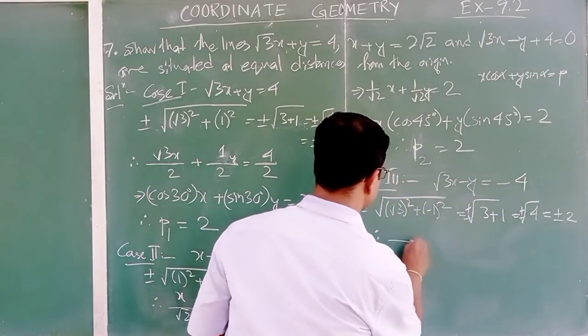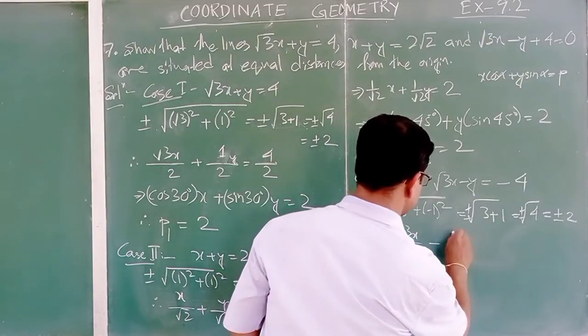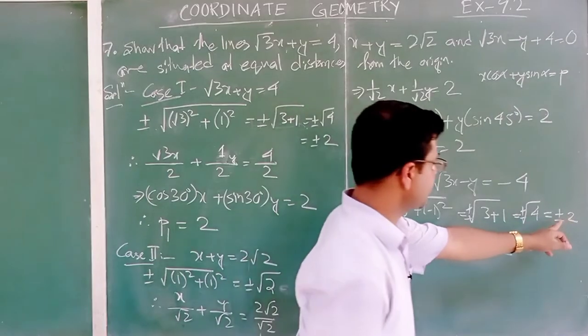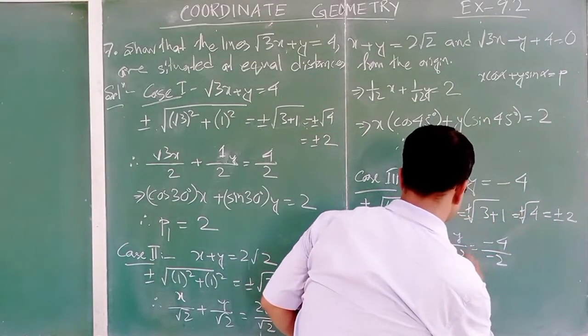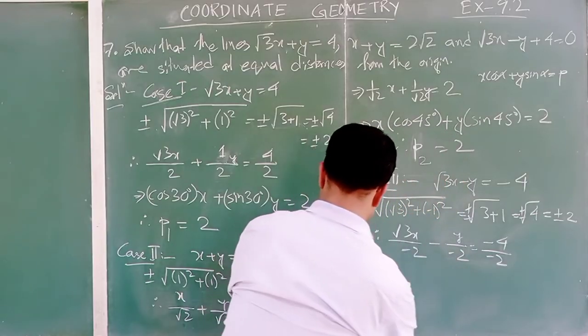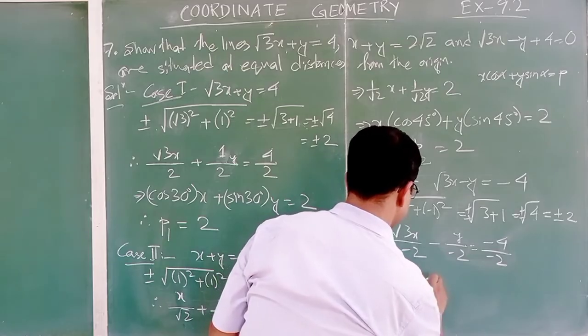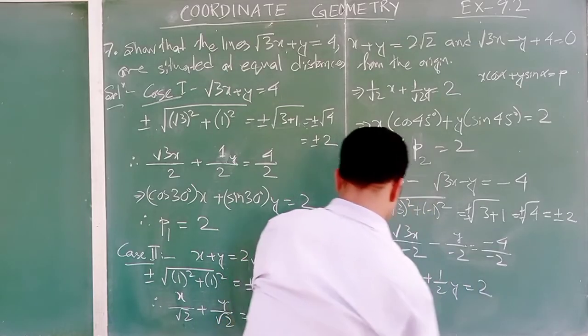So what is the equation then? √3x minus y equals minus 4. Now here, will we take plus 2 or minus 2? Obviously, as this is minus 4, we will take minus 2, minus 2, minus 2. So this is minus √3 by 2 x plus half of y equals 2.